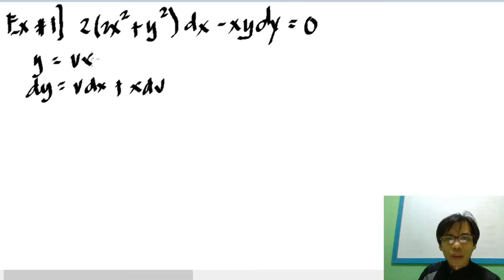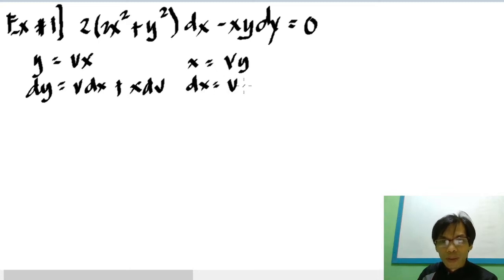Notice, guys, what if we put x is equal to vy? You'll notice our dx is equal to v dy plus y dv, which, if we try to substitute dx in here, we will be multiplying two terms, which makes the problem harder to solve.